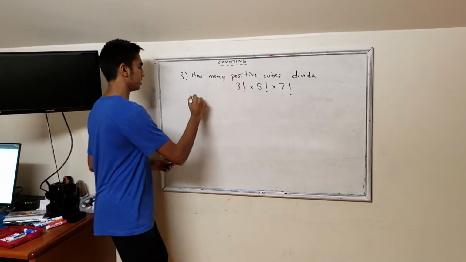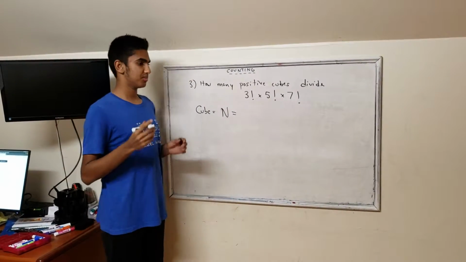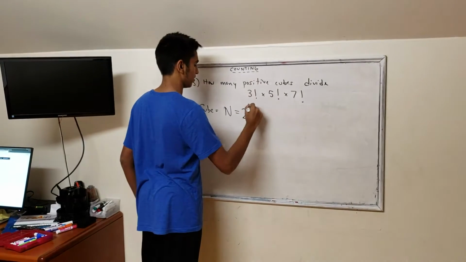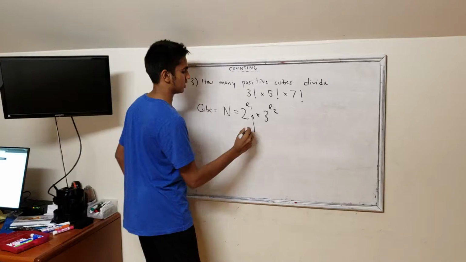So if you have a cube, then what we know about its prime factorization is that all of these exponents are divisible by 3.